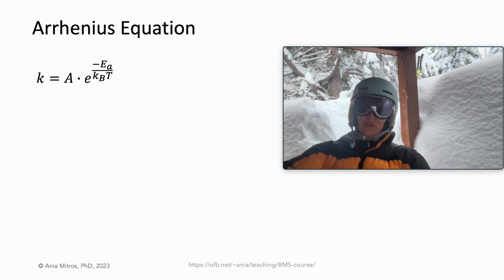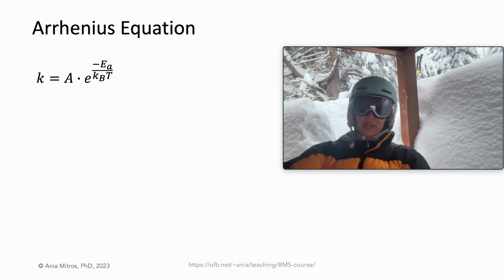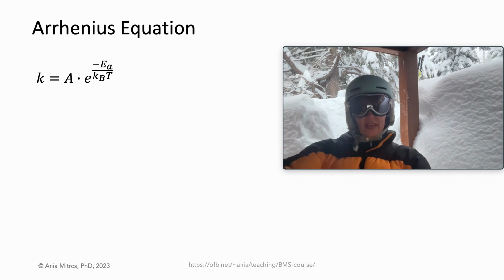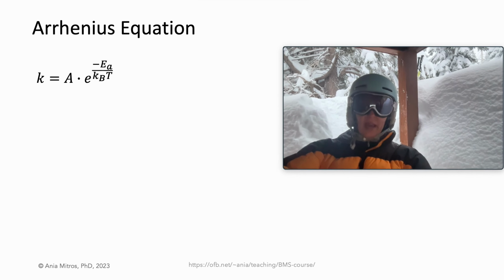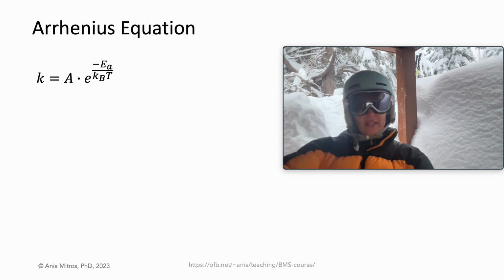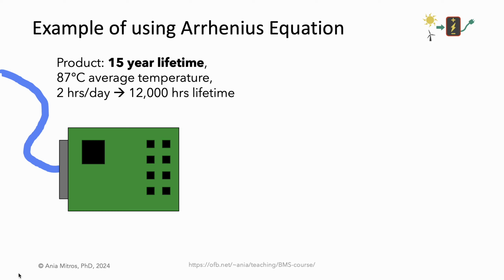In this section, we'll discuss the Arrhenius equation. The Arrhenius equation is used in accelerated lifetime testing. It helps us translate between how much time in a hot thermal chamber corresponds to a product lifetime at a lower ambient temperature. For a moment, imagine a product with a target lifetime of 15 years. We can't just run a 15-year test to see whether we've designed our product well enough.